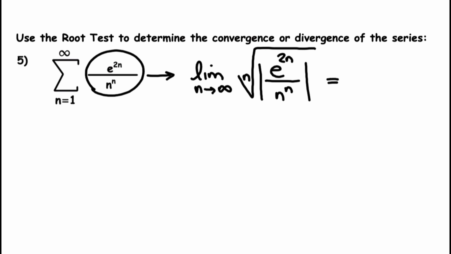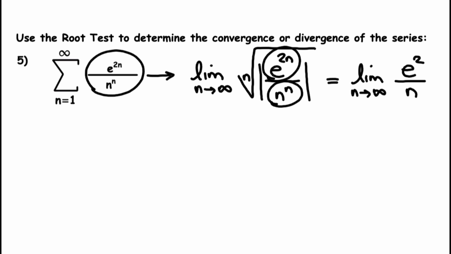All right, what happens? Well, the e to the 2n, if you nth root that, will just become e squared. And if you take the n to the n and you nth root it, you're just left with n, or n to the first. Okay, so we have that. Now remember, it's still a limit as n is approaching infinity.